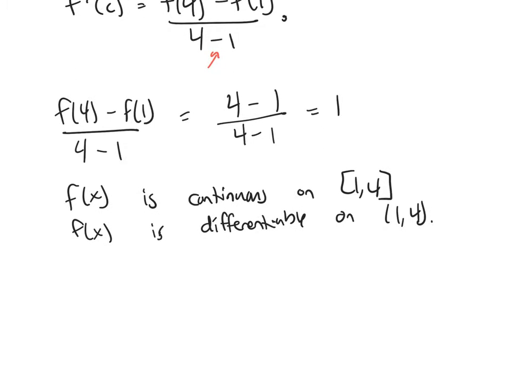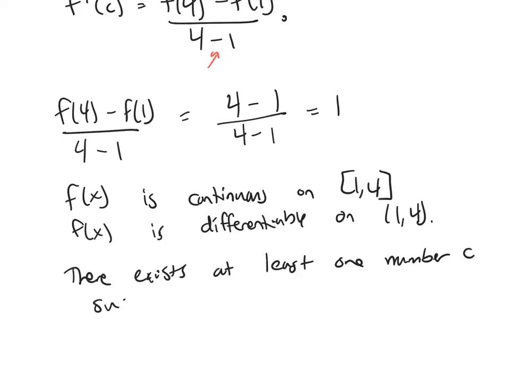So I know by the mean value theorem there exists at least one number c such that f prime of c is 1, but now we need to find it.